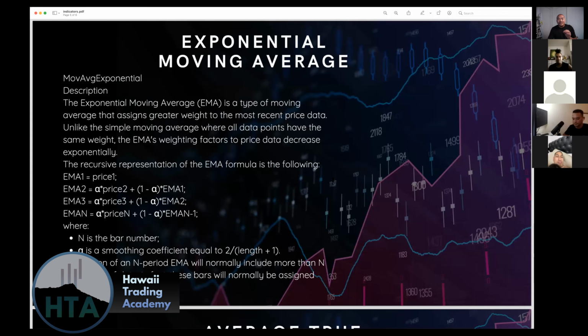The exponential moving average is the first indicator we're going to talk about. It's a very widely used, popular indicator, and it's very simple. It's a moving average that assigns greater weight to the most recent price data.